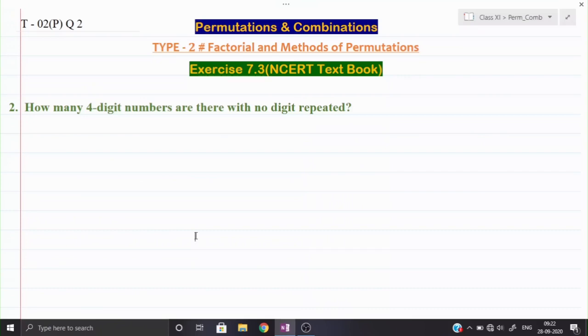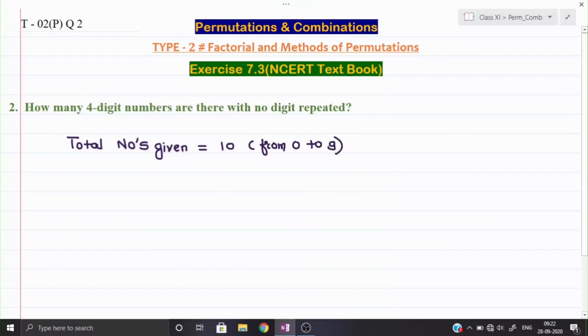So first of all we will say what the total numbers given to us are. First we will mention the total numbers given, which is equal to 10 because we are taking from 0 to 9.